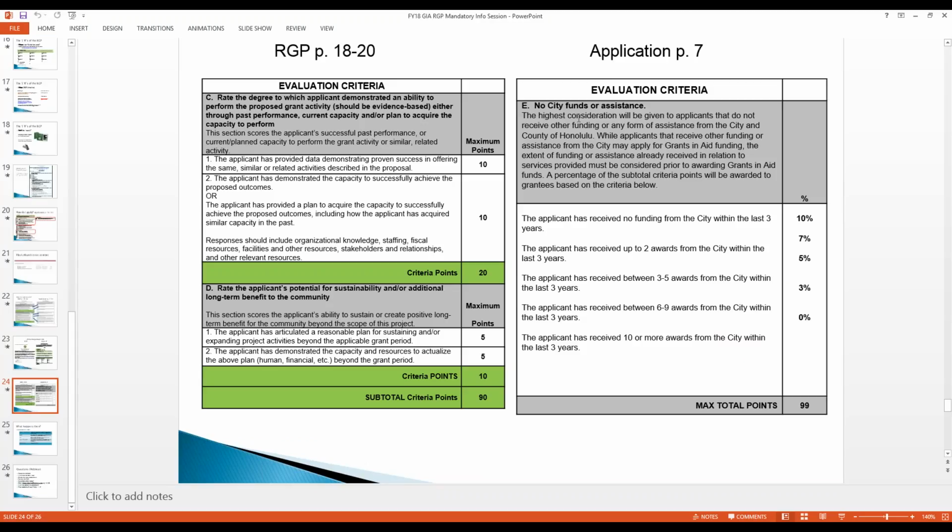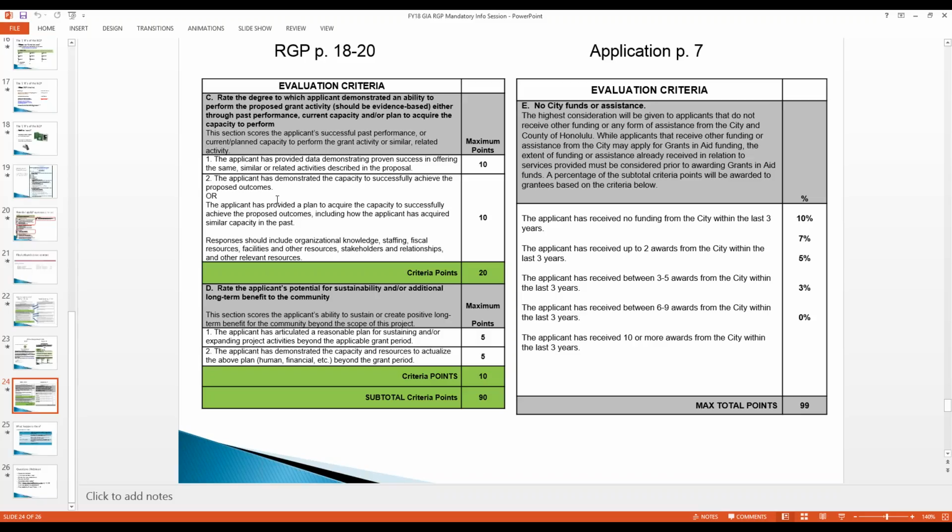Okay, one moment while I open my notes here. So what it means is, again, if you never got any city funding before, within the last 3 years, you can get extra points. So let's first look at this left section.